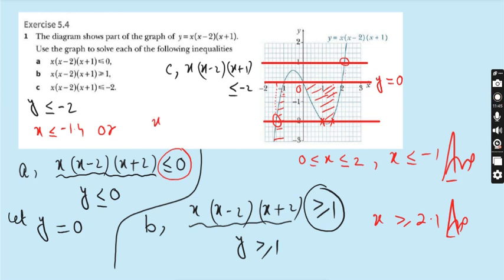So x is greater than or equal to 1 and 1.4. So students, hope you understand how to find the solution of cubic inequalities with the help of graphs. Now move to question number 2.